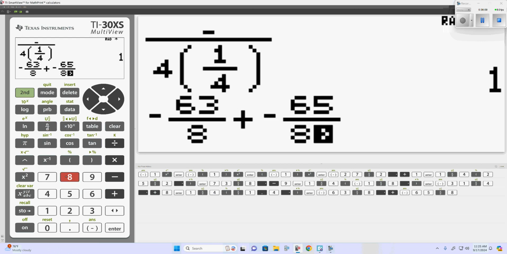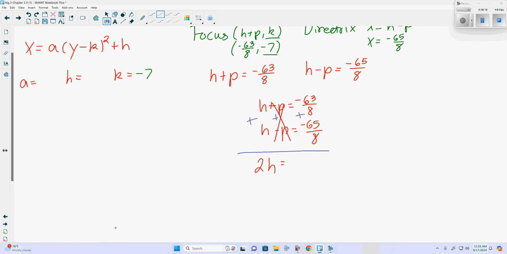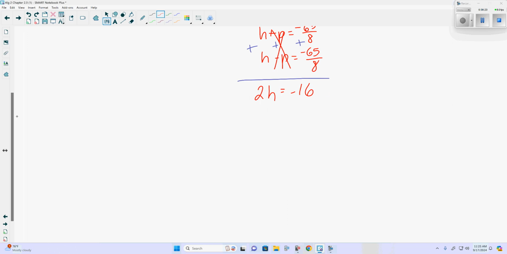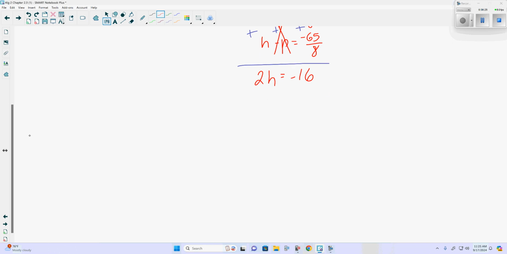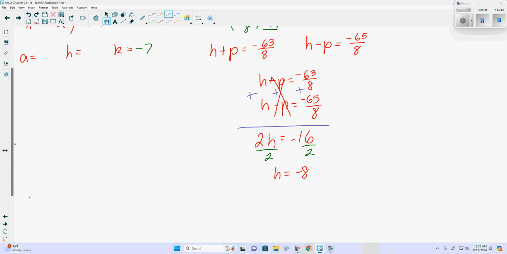And if we're really lucky, it comes out to be a nice number, negative 16. So that tells us 2h is negative 16. At this point, we can divide by 2, telling us h is negative 8.